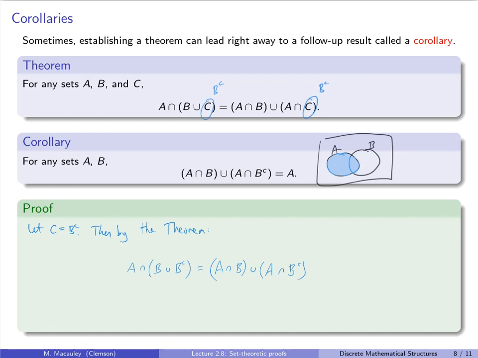And now notice that B union B complement is equal to the universe. So we can write this as A intersect the universe, and of course that is just equal to A by one of our basic laws of set theory. And so this is exactly what we had to prove, and so that is the end of the proof.